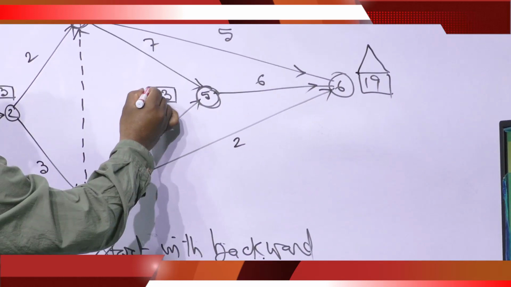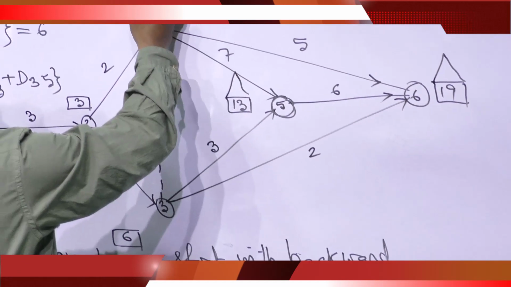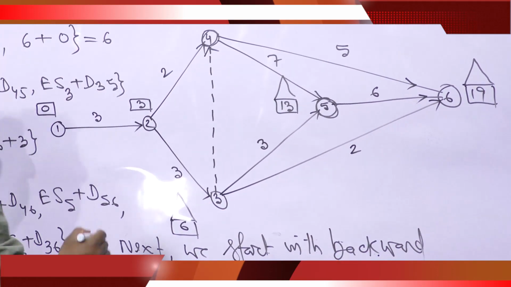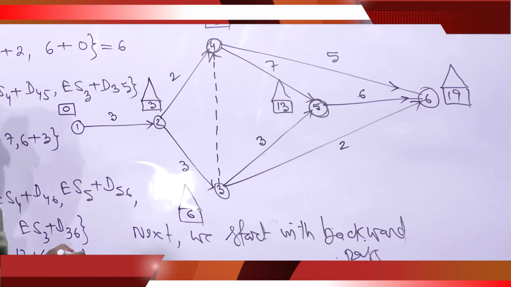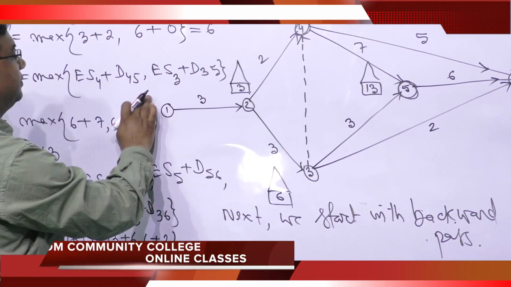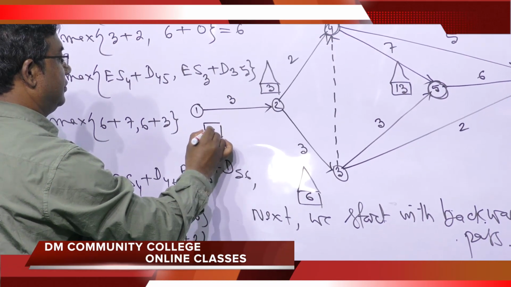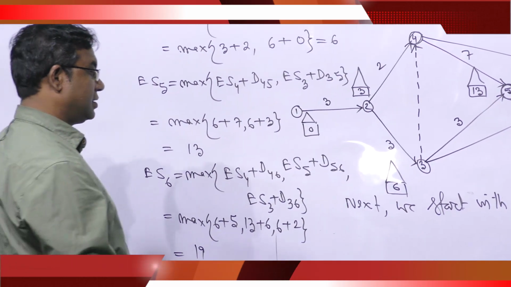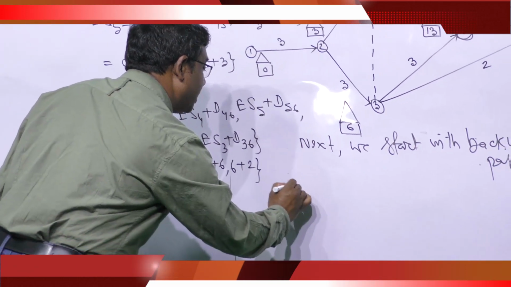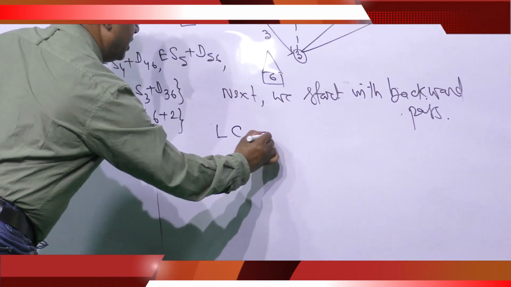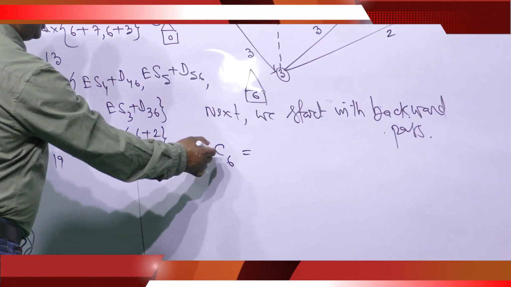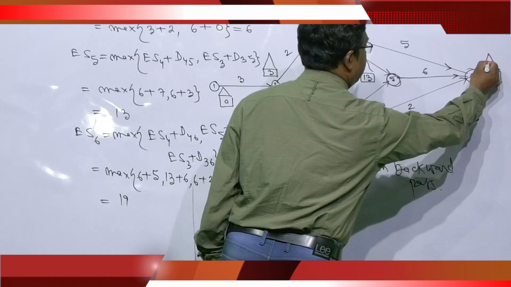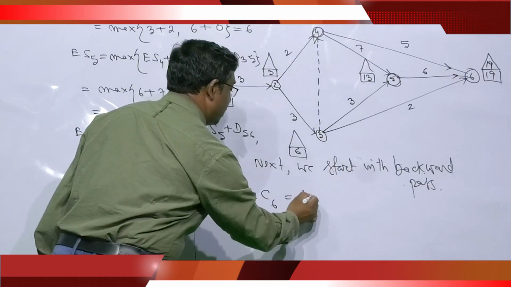You put a triangle shape here, triangle shape here, and here. For the backward pass, first we have to write LC6. L means latest completion time at node 6. This is 19. You write 19 here.